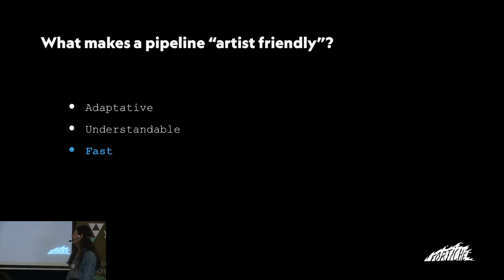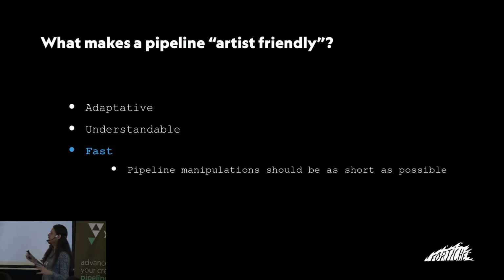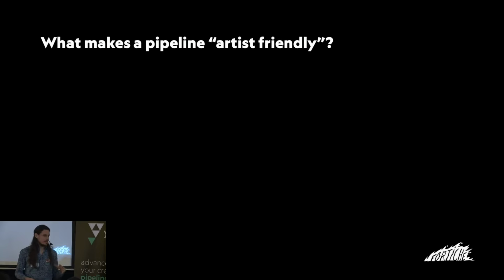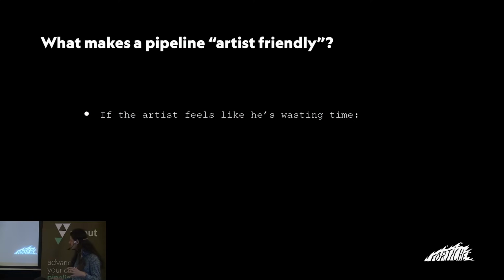Also, we want it to be fast, and by fast, we mean that the pipeline manipulations should be as short as possible. If the artist feels like he's wasting his time, actually there are two possibilities.